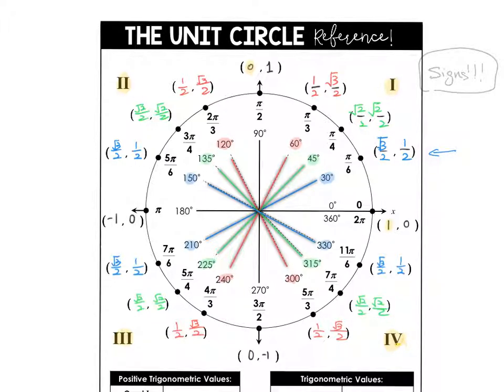X is positive, y is positive. In the second quadrant, x is negative, y is positive. In the third quadrant, x is negative, y is negative. So I'm going to add a negative sign on both, on the blue. And last quadrant, x is positive, y is negative.